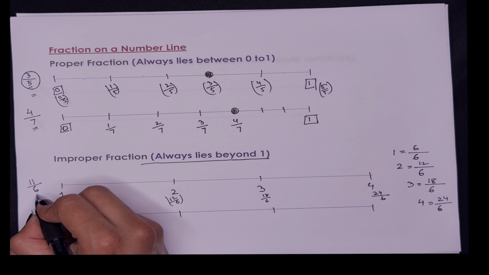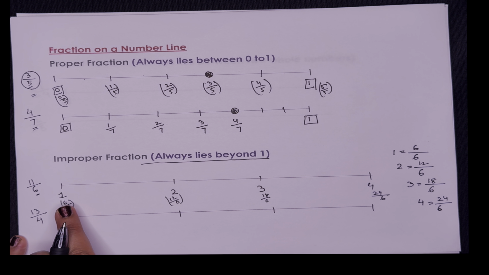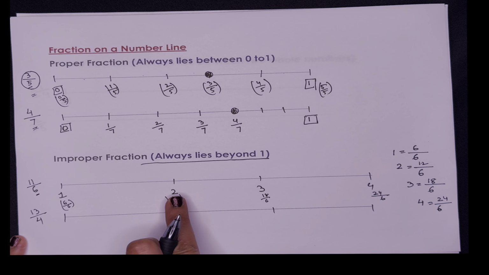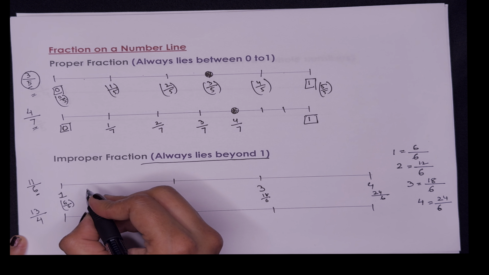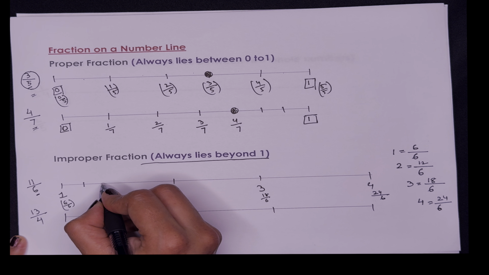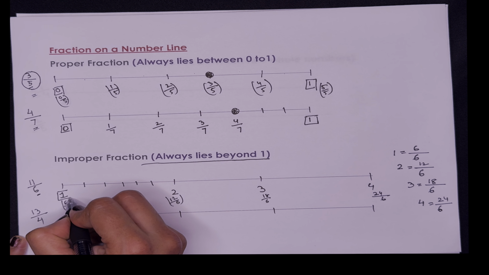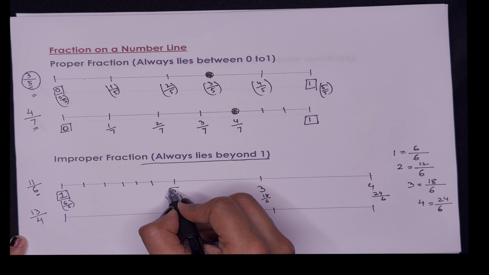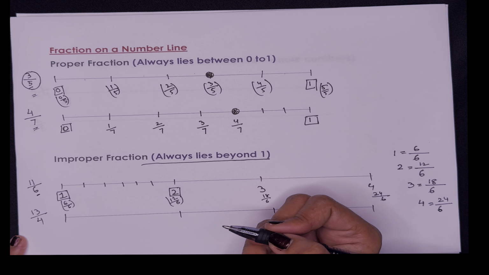Now look at this. The denominator is 6. Between each whole number, 1 to 2, 2 to 3, 3 to 4, we have 6 equal parts. Again, if we make 5 lines, that gives us 6 equal parts. So let's do 1, 2, 3, 4, 5. I made 5 lines between 1 and 2 that gives us 6 equal parts.